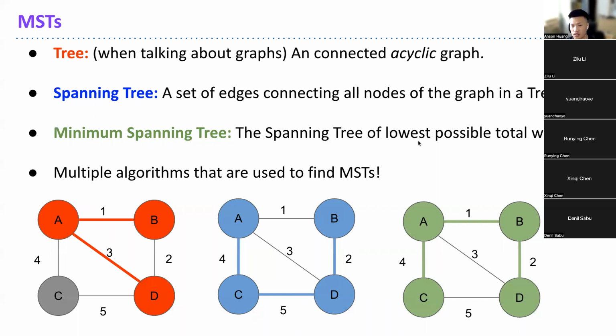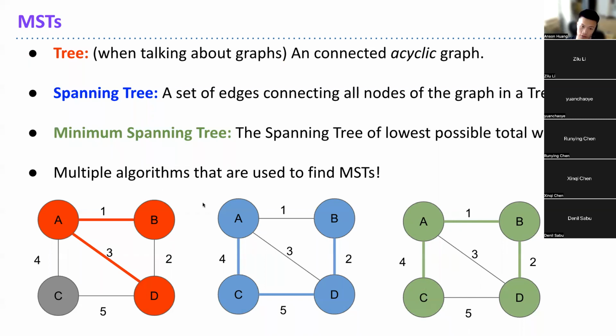It is the spanning tree of the lowest possible total weight. What that means is if you sum these weights together, 4 plus 1 plus 2, that's going to be the smallest weight possible in order for you to connect every single node inside this graph. So that's what a minimum spanning tree is.